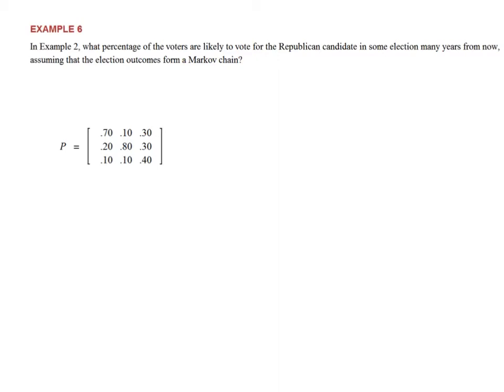Now we've gotten to our last example in the section. We go back to the Republican, Democrat, Independent example from earlier, and we want to find the steady state vector for that example. And what we do is, if we solve P minus I times x equals 0, and set up and solve that, I'm not going to go through all of the steps as I did because I just did that with the previous example, but we get 1, 0, negative 9 quarters, 0, 0, 1, negative 15 quarters, 0, 0, 0, 0, and 0 in the bottom row.